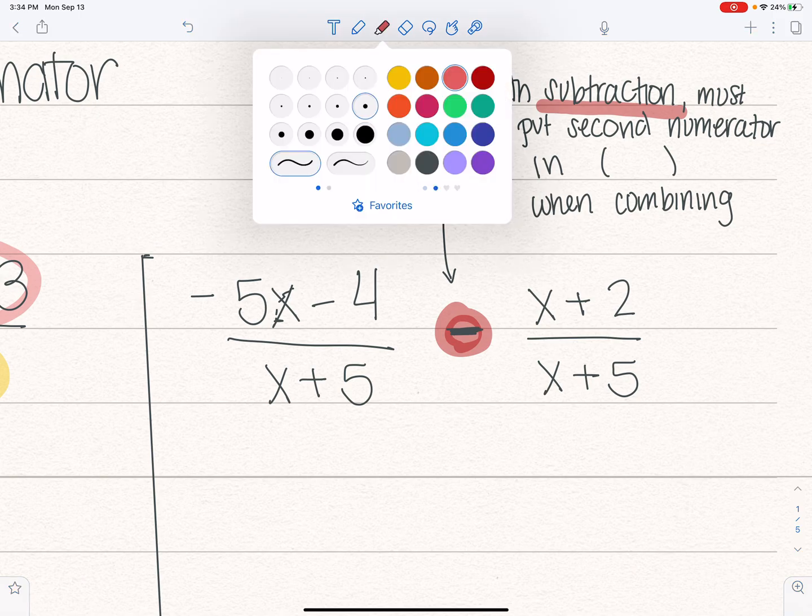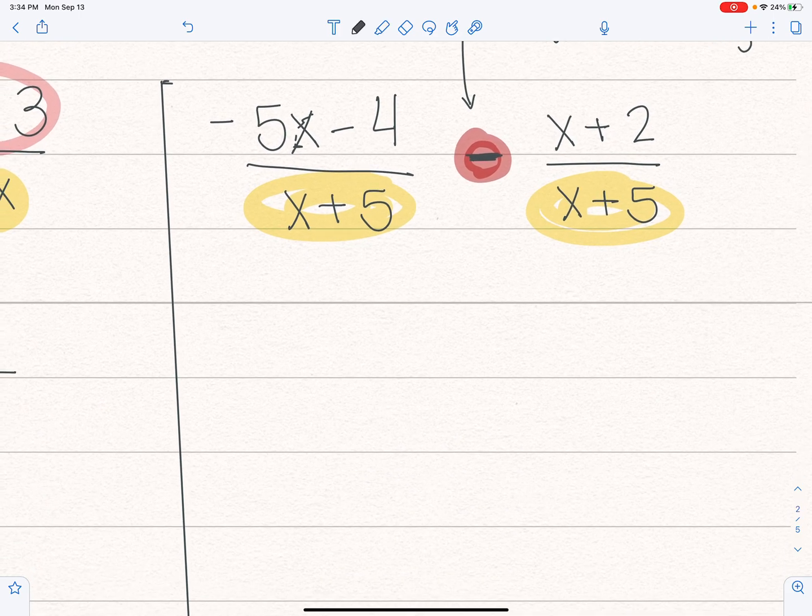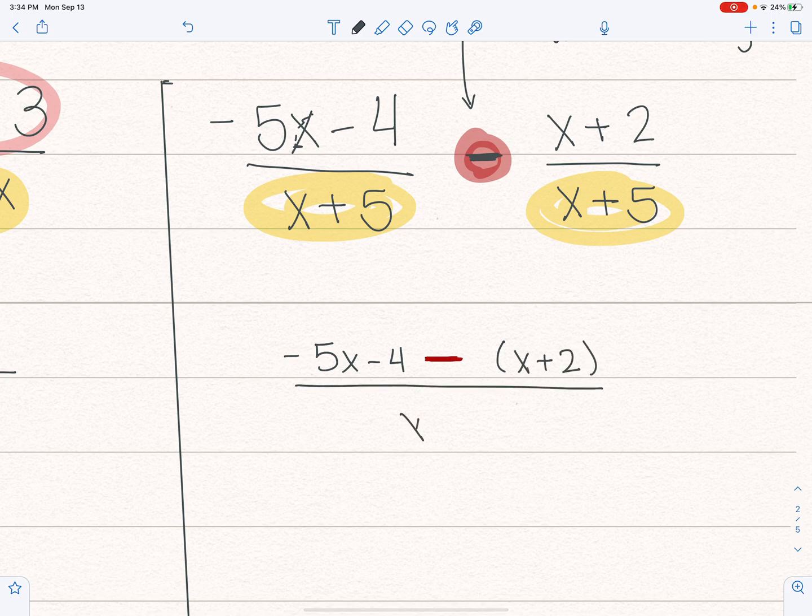But before I can combine those, I do have to check. Yes, my denominators are the same, so that's good. That means I can go straight to combining them. And so I'll have my first numerator, negative 5x minus 4, minus, that's that big subtraction sign that I highlighted, the whole second numerator, x plus 2, and then all over that common denominator of x plus 5.